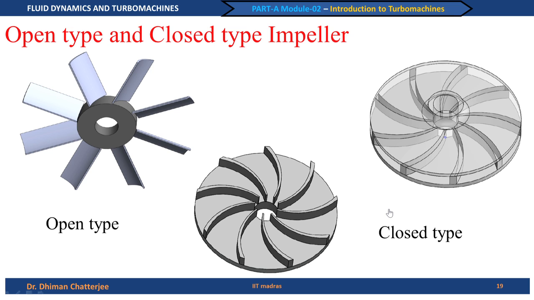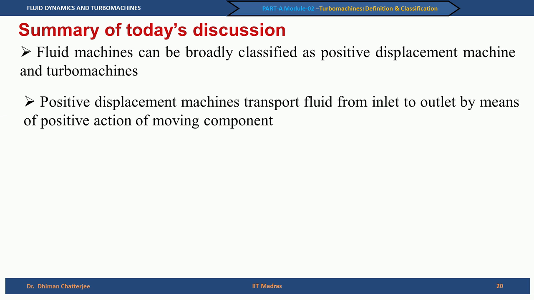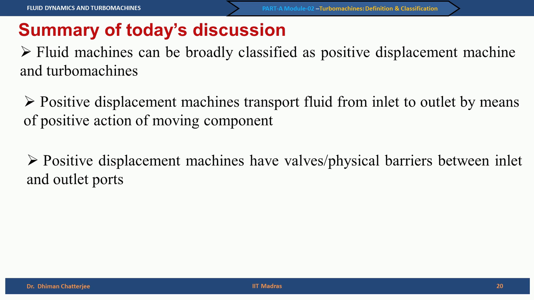So, we have learnt the different types of turbo machines, we have understood the different types of impeller. I will summarize today's discussion with the following points. We can say that fluid machines can be broadly classified as positive displacement machines and turbo machines. Positive displacement machines transport fluid from inlet to the outlet by means of positive action of a moving component.